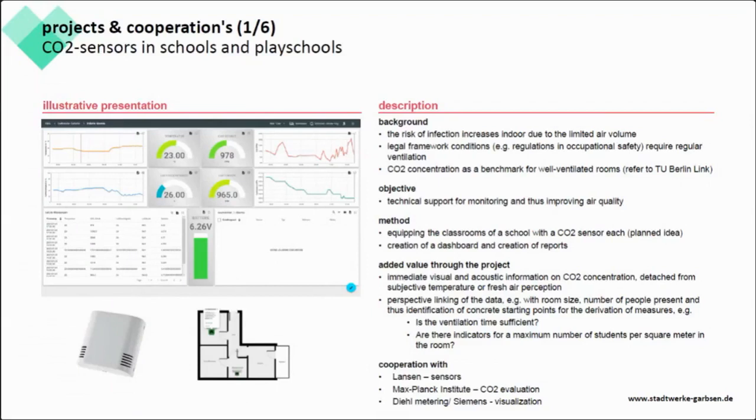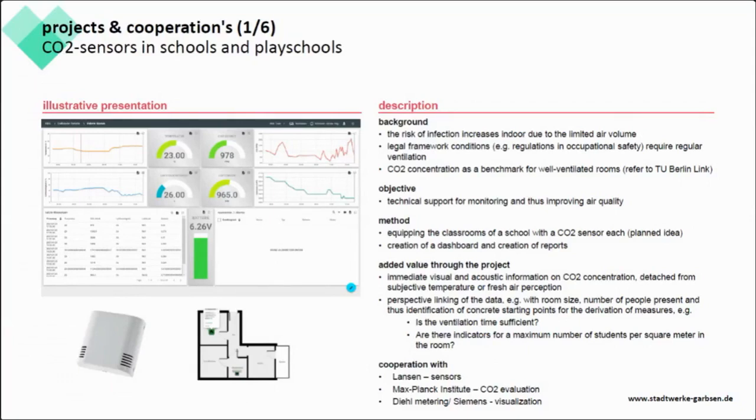But you all know that the risk of infection decreases with a good ventilation situation. Therefore, we looked for scientific specialists for aerosol and CO2 concentration, and we started a cooperation with the Max Planck Institute that supports us in positioning the sensors and in the evaluation of the measurements.